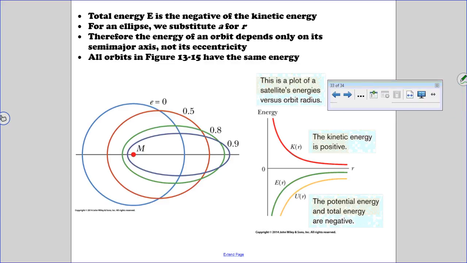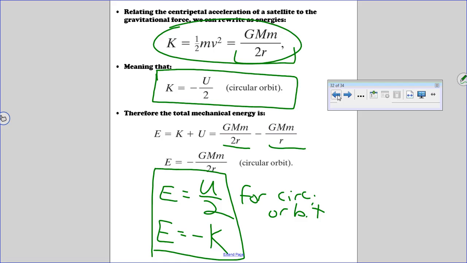Let me check my notes. Hang on. All right, so I shouldn't have stressed that it was only true for a circular orbit. Replacing r with a like we did before, it still works for elliptical orbits. So this calculation would have made our Halley's Comet calculations easier.